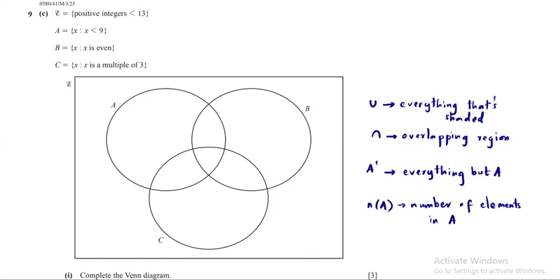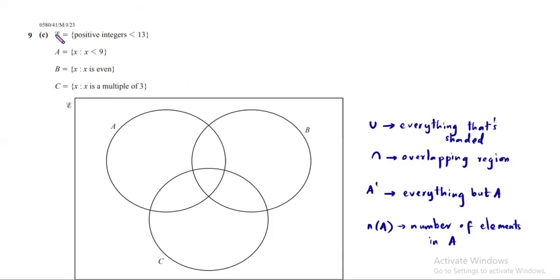I really wanted to pick this Venn diagram question because the Venn diagram is described in the form of a list like this. Let's see what it means. The universal set is the positive integers which are less than 13.